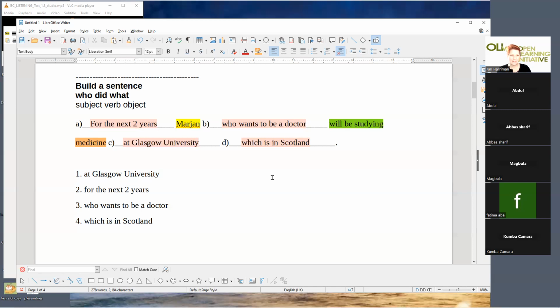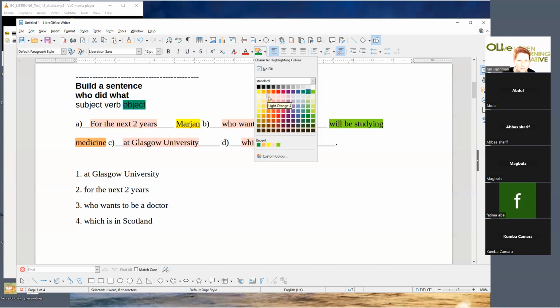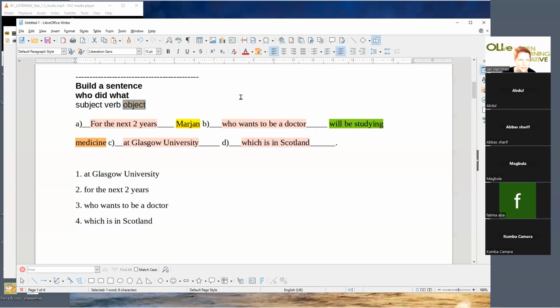Yes. Okay. So that's why I started with our subject, verb, and object. So we do that. Oops, that was the wrong one. There we go. Orange.